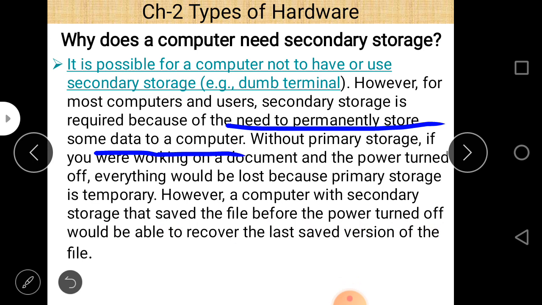Without secondary storage, if you were working on a document and the power turned off, everything would be lost because primary storage is temporary. However, a computer with secondary storage that saved the file before the power turned off would be able to recover the last saved version of the file.